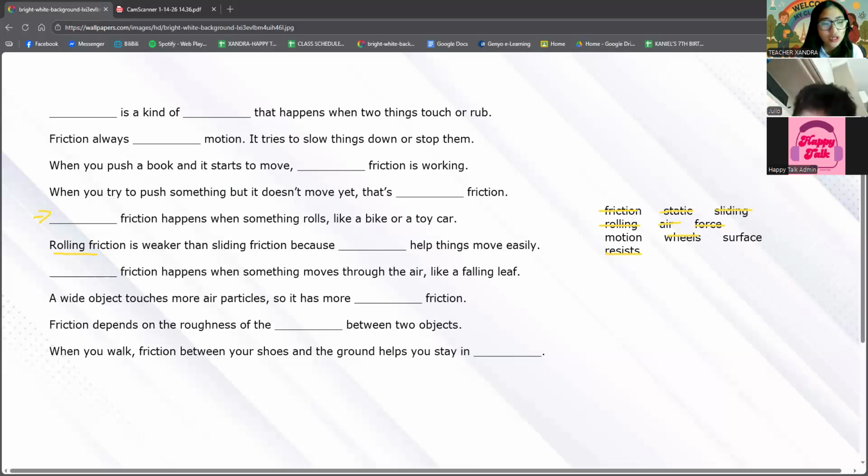Friction depends on the roughness of the surface between two objects, and when you walk, friction between your shoes and the ground helps you stay in motion. Okay.